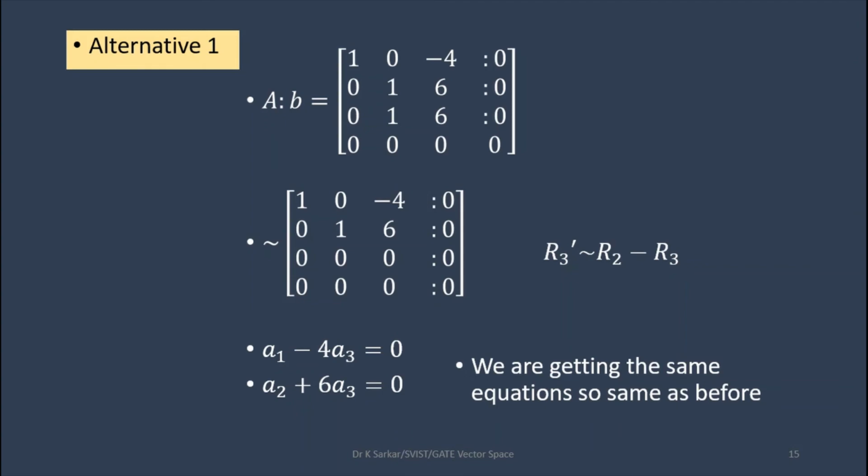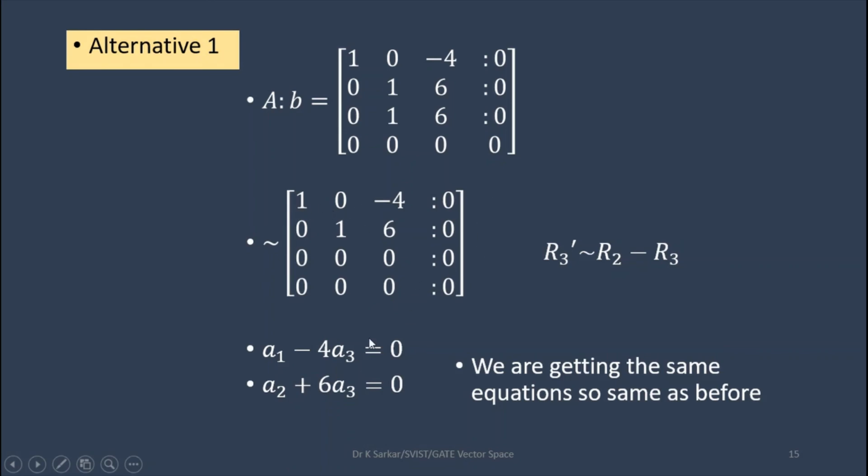Similarly, like question number 1, we can solve question number 2 by the alternative way. Here the augmented matrix, and look, two rows are identical. So doing some row operations, we have got this one where two rows are identical, taking all those components as 0.